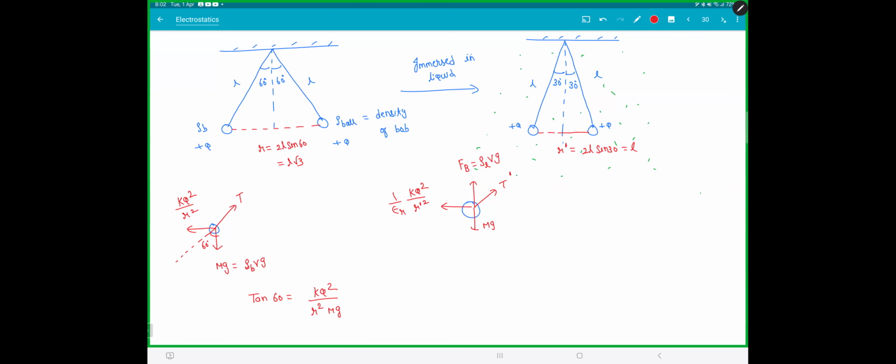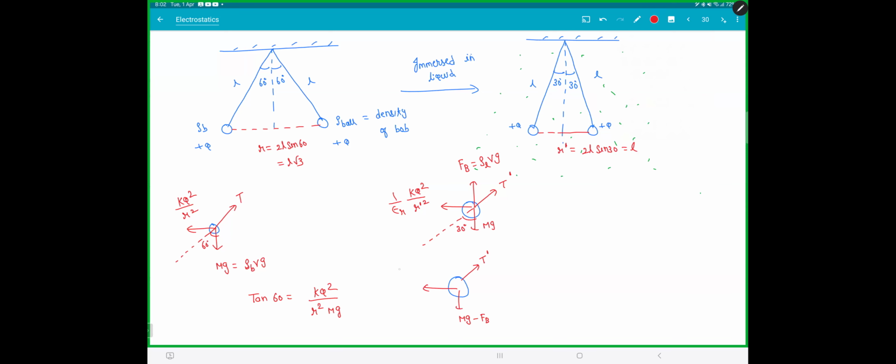Is that making sense? The repulsion force will become 1 by epsilon r times. So two things happened. The distance changed, and the force became 1 by epsilon r times. And now this angle is 30 degrees. So if you look at the net force on this, we'll have tension T dash. This force will be mg minus buoyant force.